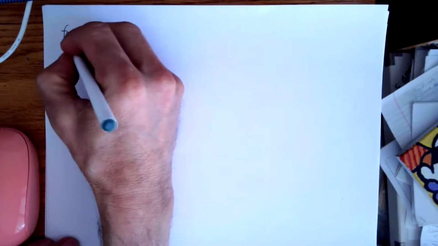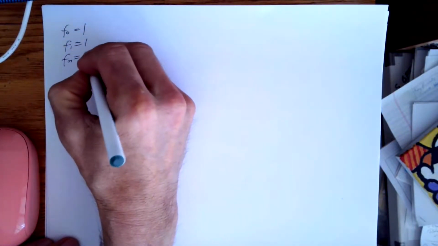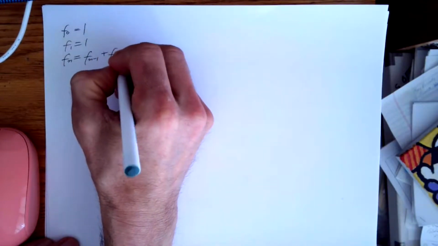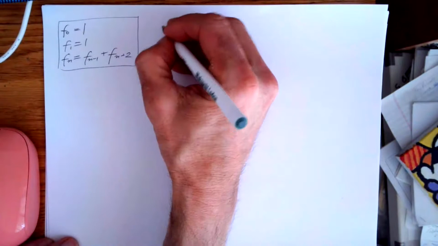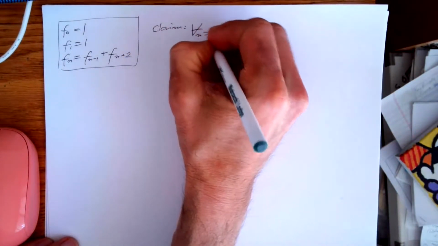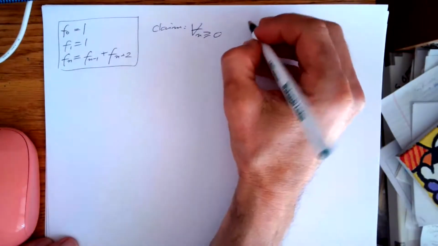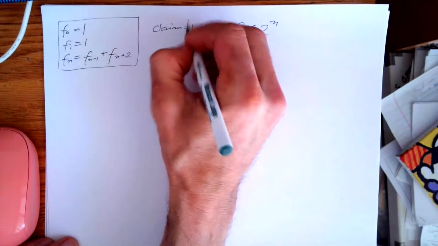So F0 is 0, F1 is 1, Fn is Fn minus 1 plus Fn minus 2, right? The Fibonacci sequence, and we have a claim that for every n, Fn is upper bounded by 2 to the n.